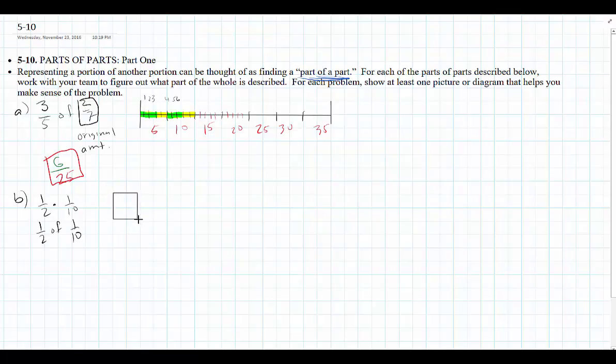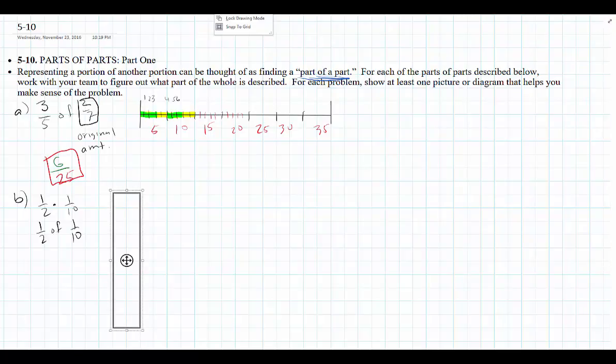So let's see, 1, 2, 3, 4, 5, 6, 7, 8, 9, 10. Okay, so we kind of just imagine. Can't really make this a dotted line, unfortunately. So there's one here. There's one here. There's one here. There's one here. Try and do this quickly. This one here.